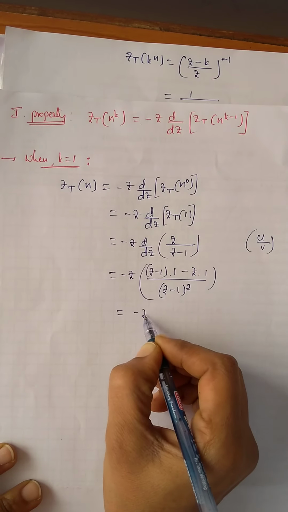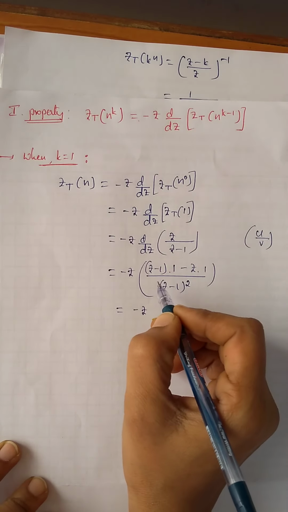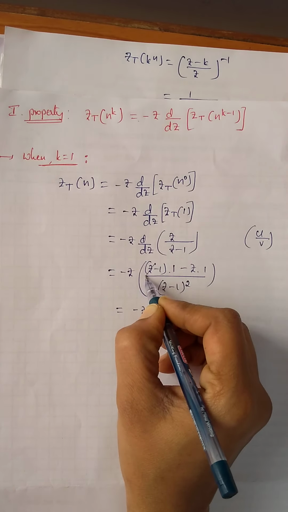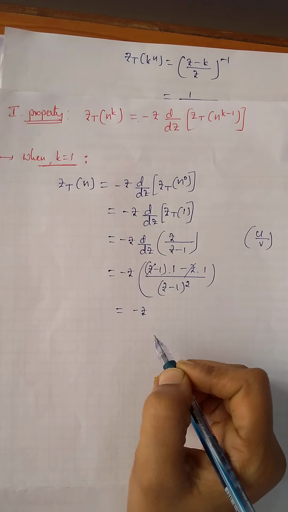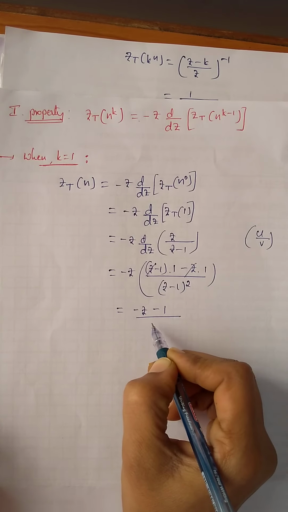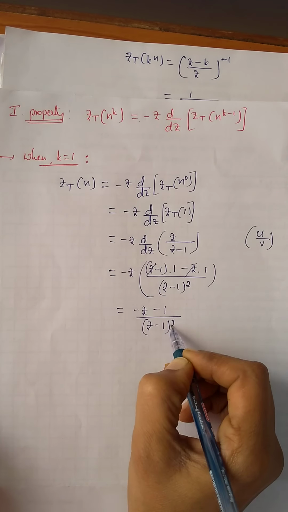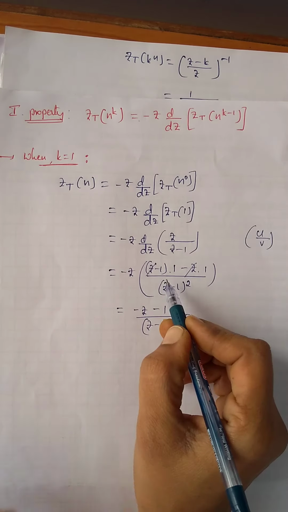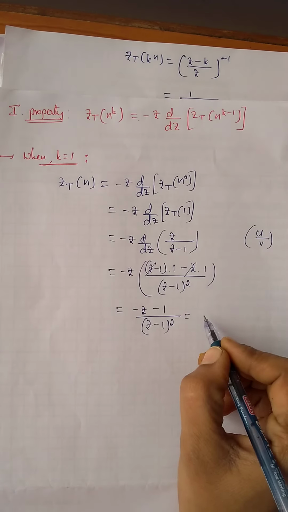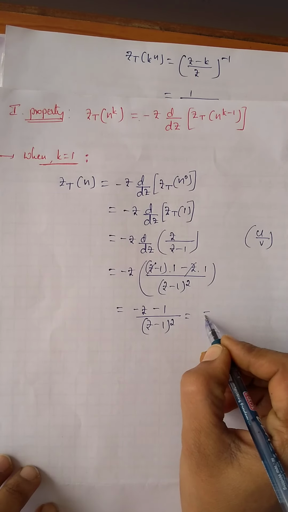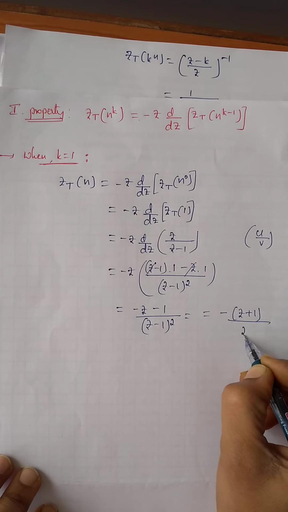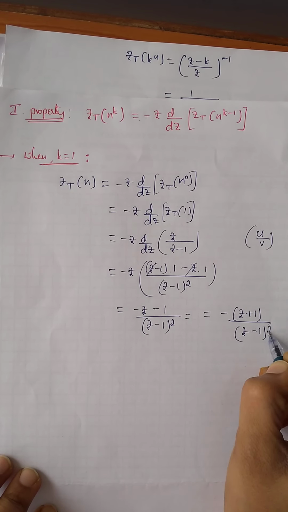And simplify, z minus 1 minus z, here we can cancel this plus z and minus z, the remaining term is minus 1 and denominator is z minus 1 whole square. Okay, this minus z and minus 1, so we can write minus, if we take common we get z plus 1 by z minus 1 whole square.